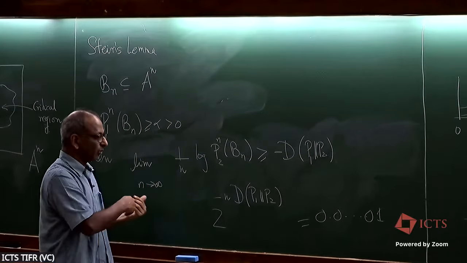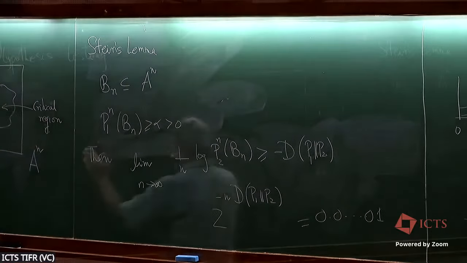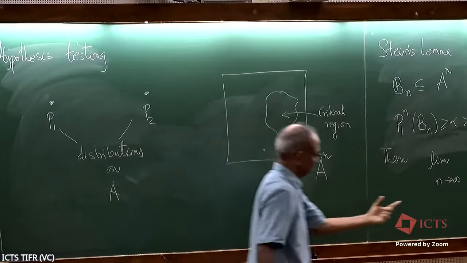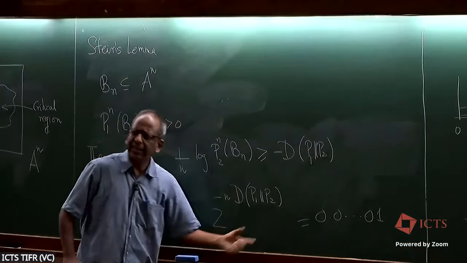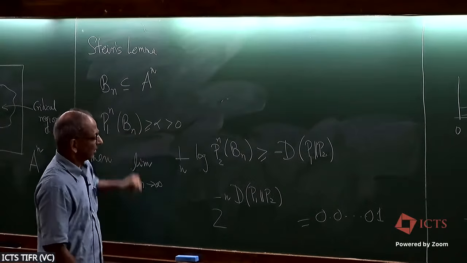And there is the converse, that is, if it turns out that P1 and P2 have a good relative entropy, then it is possible to design tests so that, let me write it down.